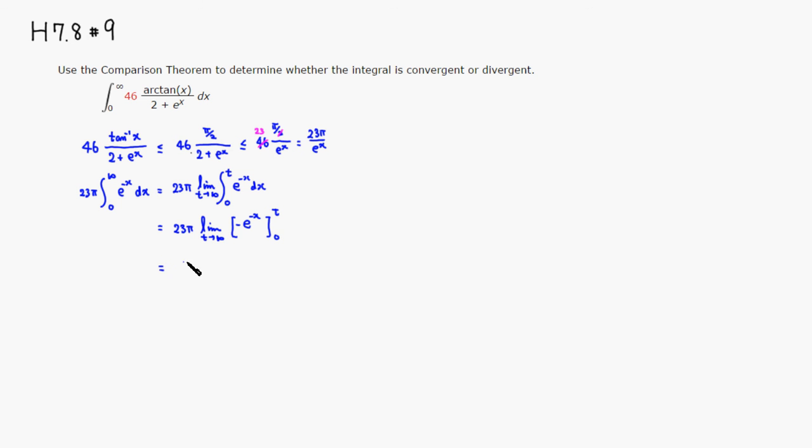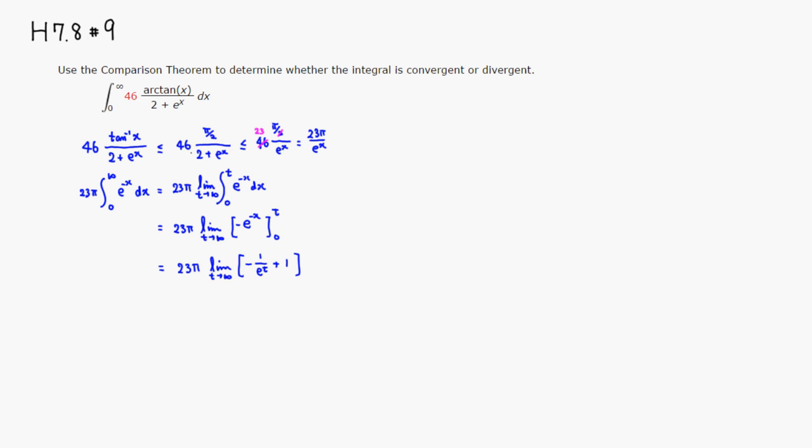And this is equal to 23 pi, limit as t approaches infinity, and plugging in t, we have a negative power, so it's a reciprocal, 1 over e to the t, minus, there's a negative sign, so it's going to be plus. Plug in 0, e to 0 is going to be 1. So we have that.